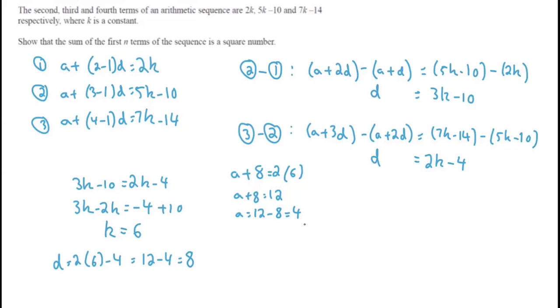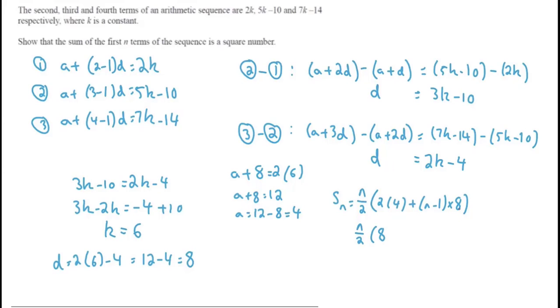Now that we know our a and our d, we can get the sum of the first n terms. So our sum of n is going to be n over 2 again, because we're trying to prove it for any value of n, so we're not going to put a number in here, we're going to keep it as n. We'll say 2 lots of the 4, which was our a, plus n minus 1, and the d was 8. Well, from this, simplifying, 2 times 4 is 8. This will then be plus 8n minus 8.